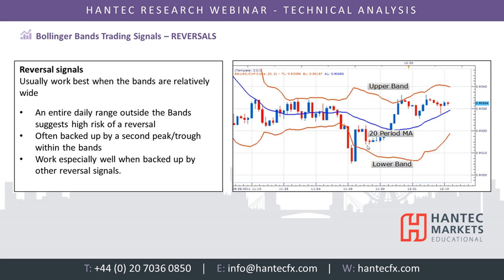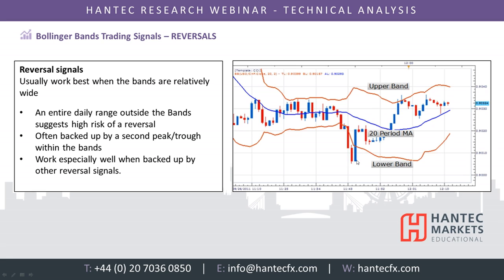And when you get extreme volatility, you're therefore at risk of a reversal, and that reversal is then added to by the next period, which comes back inside the trading bands. So that's what you're looking for.